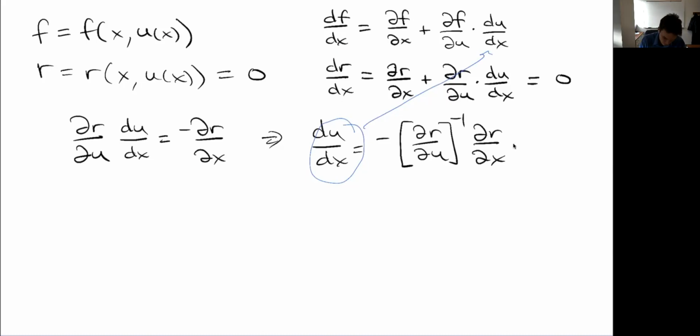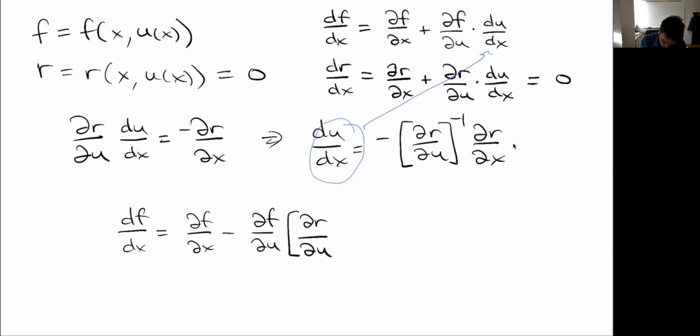So df/dx, the derivative I want, is equal to partial f/partial x, plus partial f/partial u, and actually it's going to be a minus now because I'm going to bring that part over, partial r/partial u inverse, partial r/partial x.